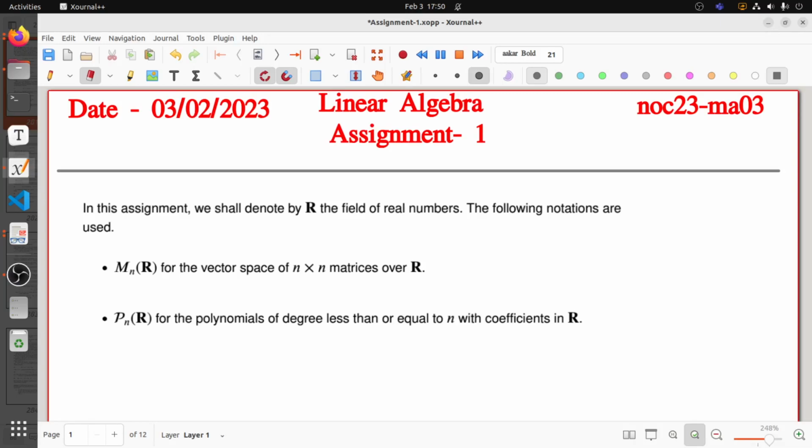It's for the multiplicative inverse. Inverse is not. No, it's multiplication, A dot u. Multiplicative inverse.